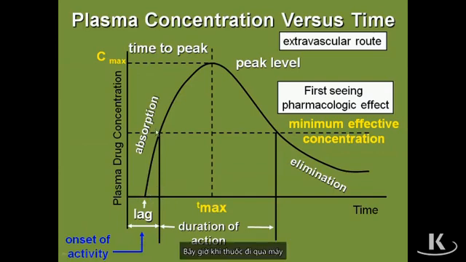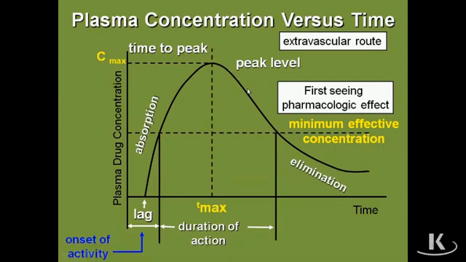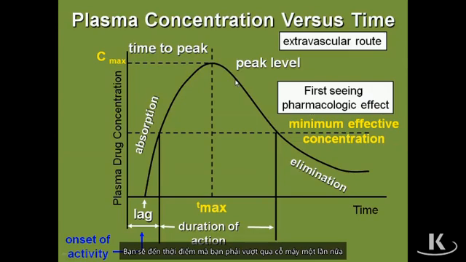Now, once a drug crosses the MEC, continues to rise in the plasma, it's still working, of course, it's going to reach a peak, it's going to take a certain amount of time to get there. When it reaches that peak, of course, once you're at the top, no place to go but down, so you start to decline. As the plasma levels decrease, you're going to come to a point where you cross the MEC once again.